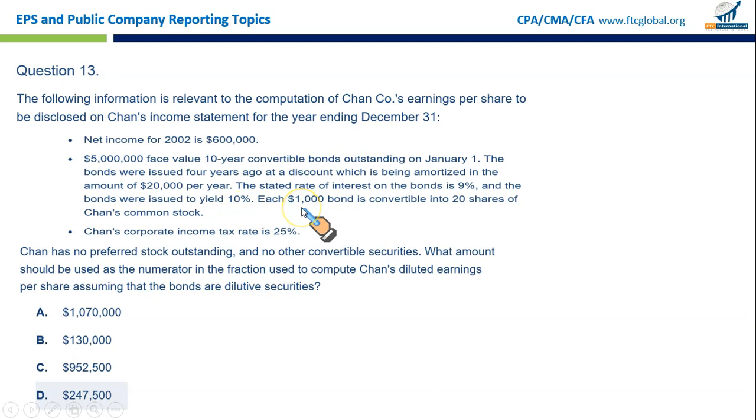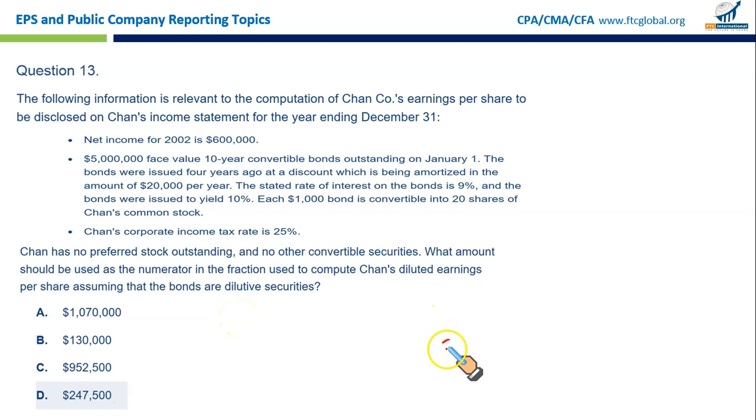Each 1,000 bond is convertible into 20 shares of Chen's common stock. Chen's corporation tax rate is 25%. Chen has no preferred stock outstanding and no other convertible securities. What amount should be used as a numerator in the fraction used to compute Chen's diluted earning per share, assuming that the bonds are dilutive securities?